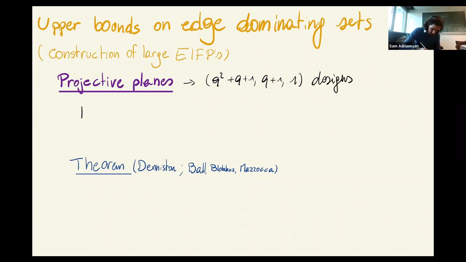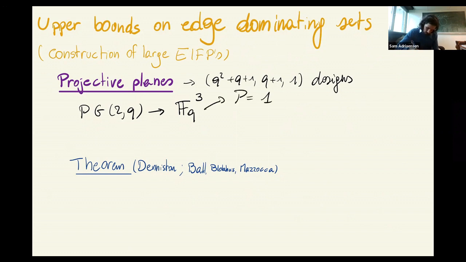So the classical construction of a projective plane, the PG(2,q) construction, you obtain this by taking a finite field F_q, building a three-dimensional vector space over it, and then as points, you take all the one-dimensional subspaces of your vector space, and as blocks, you take the two-dimensional subspaces.